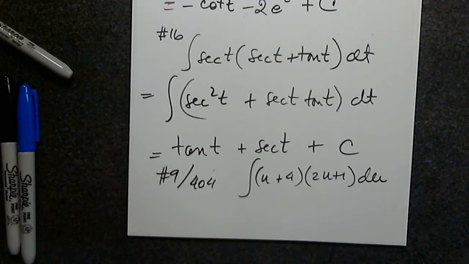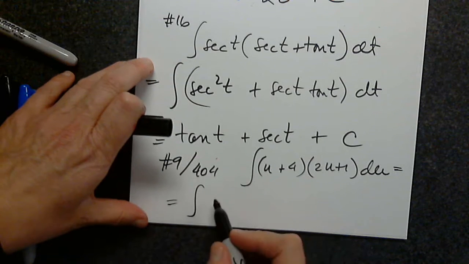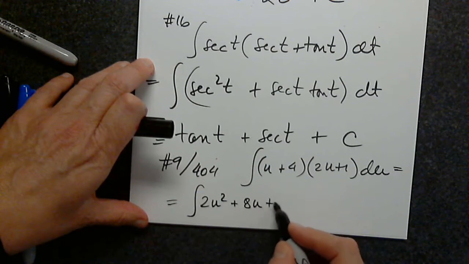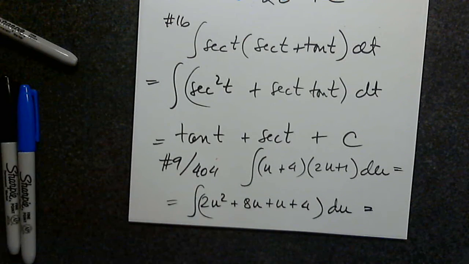Again, we don't know how to integrate a product. So we have to distribute. So let's distribute. The integral of 2u squared plus 8u plus u plus 4. Do we accept this?